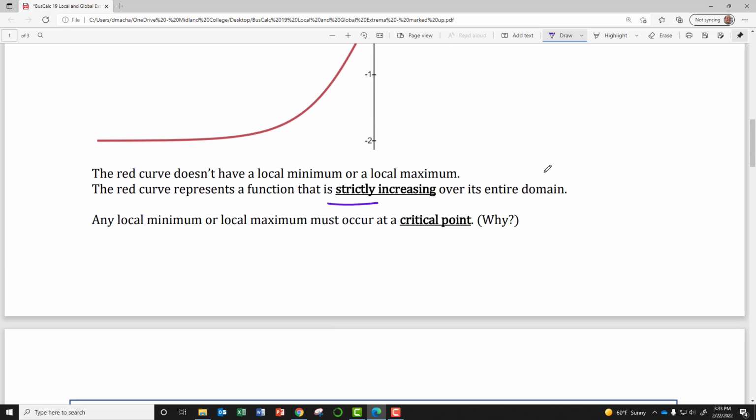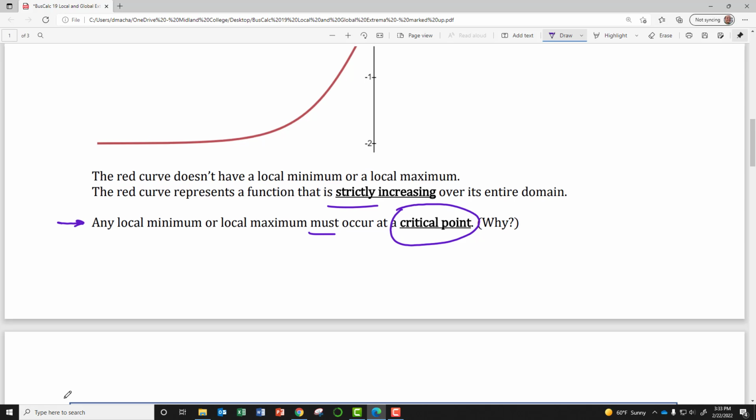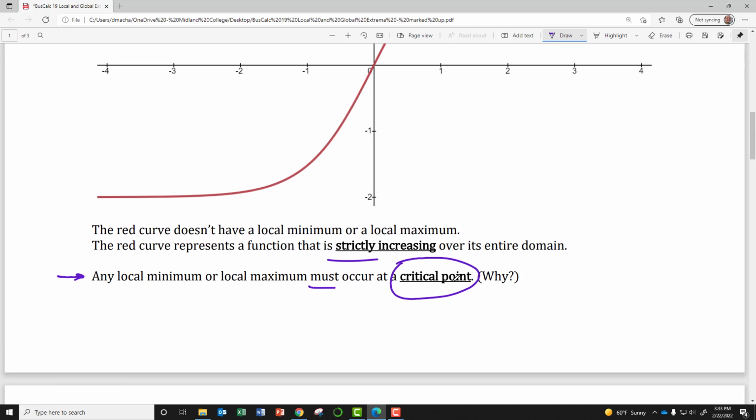Now, last lesson we learned about critical points. And I want to point out this fact here, that any local minimum or local maximum must occur at a critical point. And think about why that might be. A critical point, like we learned about, is a point where the first derivative is equal to 0.